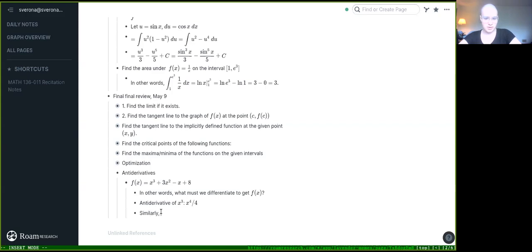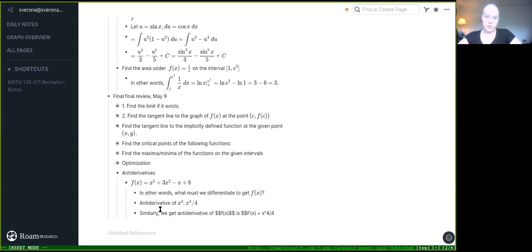And I'm going to write this antiderivative with a capital F. That's just kind of tradition when you're talking about the antiderivative of something called f. It's just what we do.